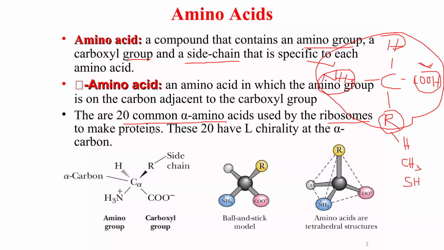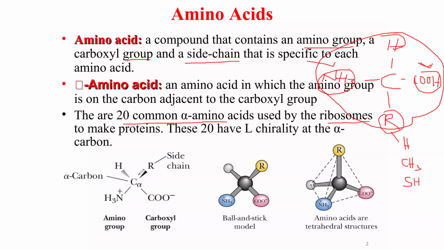The raw materials needed to synthesize proteins are amino acids, and these amino acids are 20. So we have 20 amino acids that are used in the synthesis of proteins by the ribosomes. At the same time, these 20 amino acids have L-chirality.